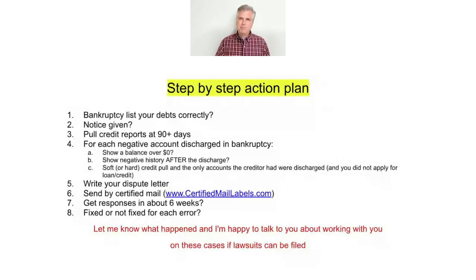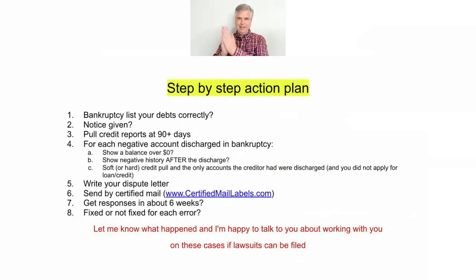And then pull those credit reports at that 90-day mark. So Equifax, Experian, TransUnion, Innovis. And then for each account, it's like you pick up each account, you're looking at it, and sort of walking around and saying, does this show a balance that's more than 0? If it is, let me write that down. That may be a problem. Does it show negative history after the discharge?